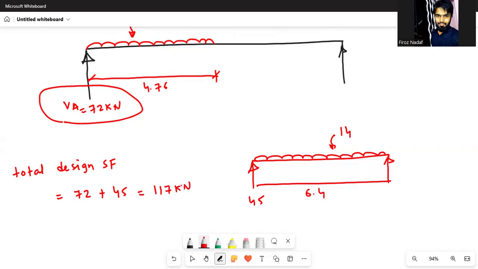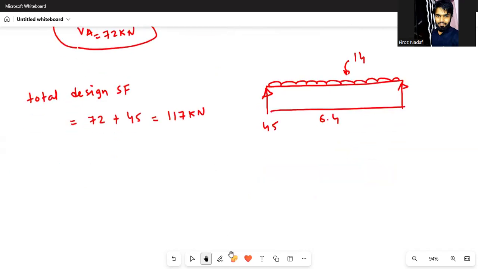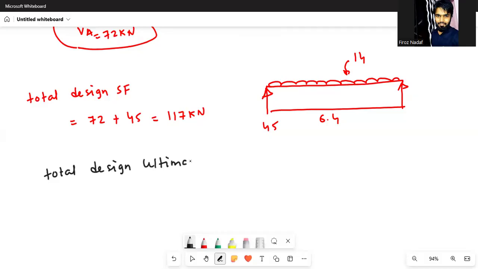But as per IRC 112, we are interested in the total design ultimate shear force, which will be equal to 1.35 VD, dead load shear force, plus 1.5 VL, live load shear force.